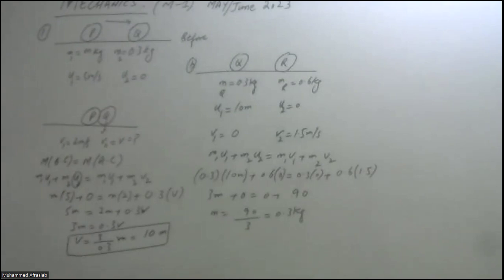So this is the first question we have solved for this topic of momentum. And we have to keep this in our mind, that momentum before collision is equal to momentum after collision.